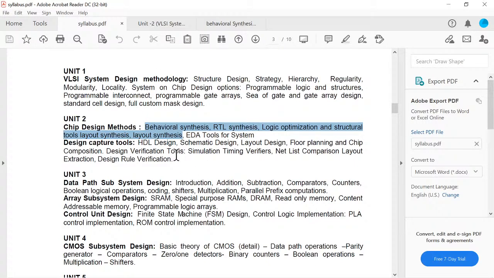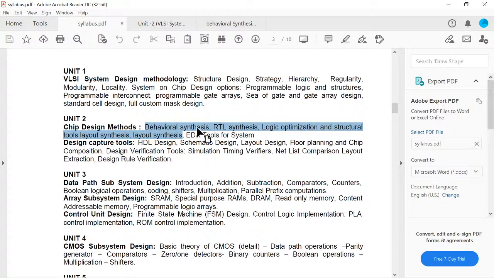Okay, so in today's lecture we will discuss some different types of synthesis method, or we can say some types of level designing that we use when we want to design any chip, any integrated circuit. When we design any integrated circuit, it can be divided into various levels.